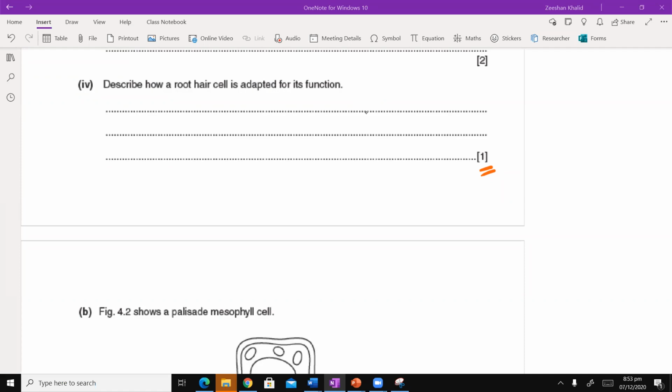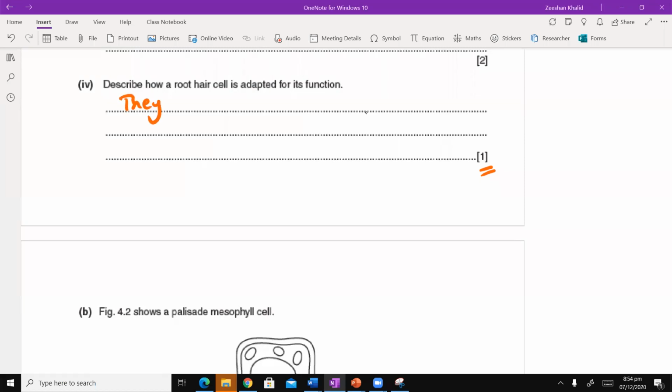Sir, long, narrow hair-like projection which provides more surface area to volume ratio. Okay, what's the name of that long narrow thing? Root hair, sir. What's the name of that protrusion?